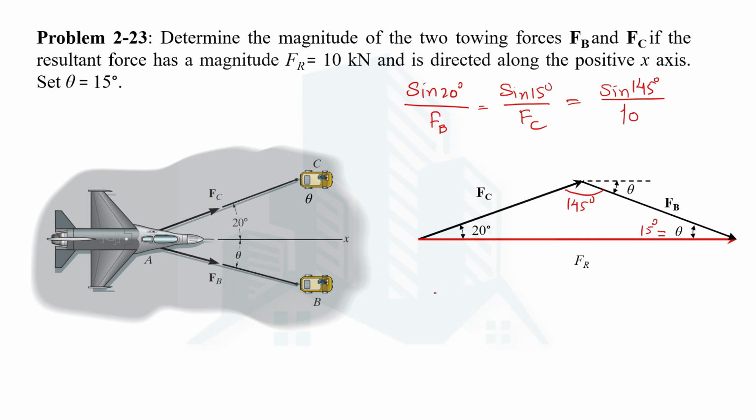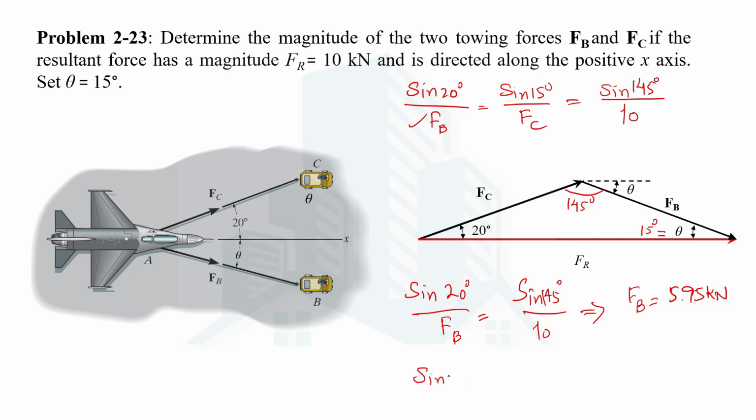And now after this, things are quite easy to solve. If we want Fb, then we'll just equate this with sine 145 over 10. So from here we will have Fb as 5.96 kilonewton.